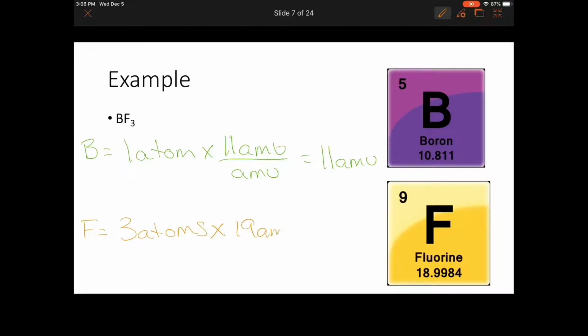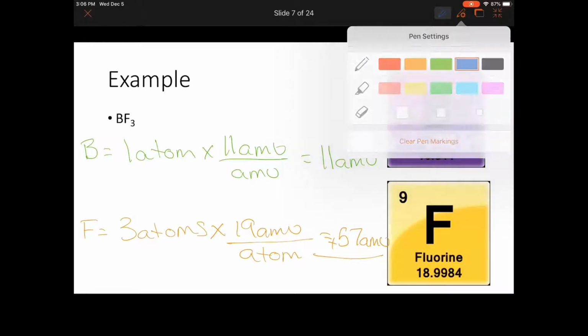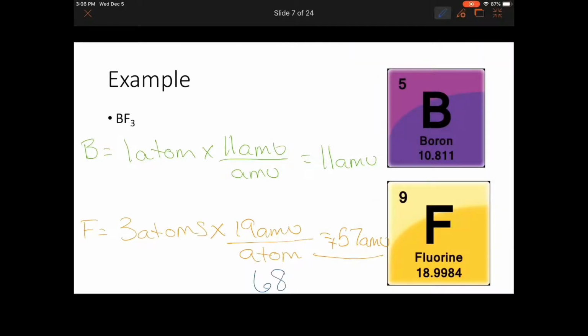We're going to round that to 19. 3 times 19 gives me 57 AMU. Now I need to add these two together, and I have a total of 68 AMU BF3.